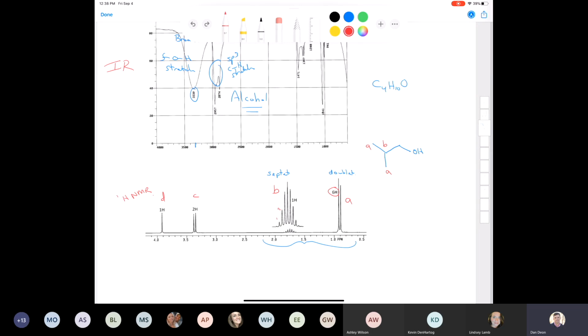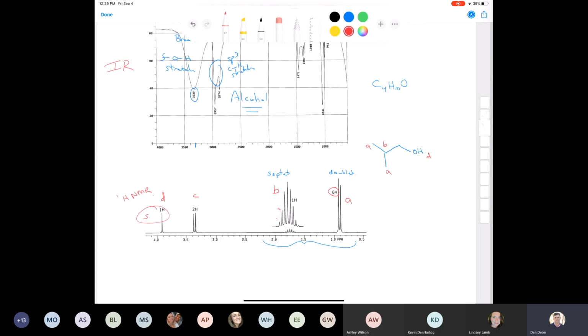So there's our septet. Now, between D and C, which one do you think is the alcohol signal? Do you think it's D or C, the alcohol hydrogen? Yeah, it's D, right? It's going to be D because that's always going to give you a singlet.